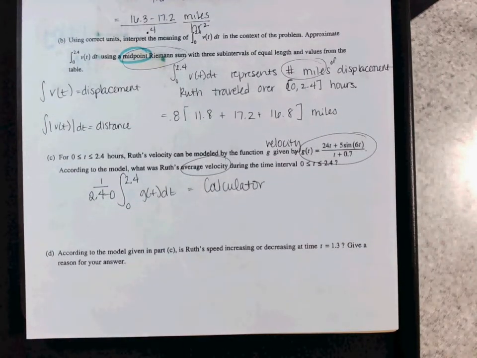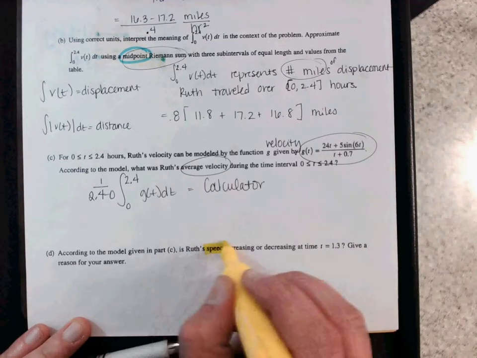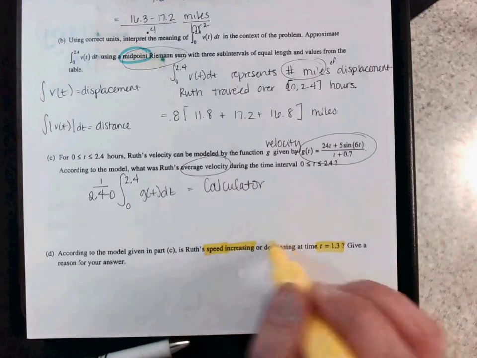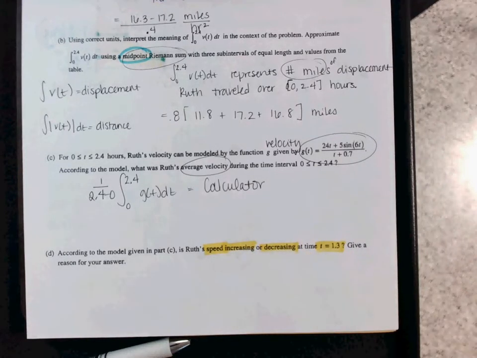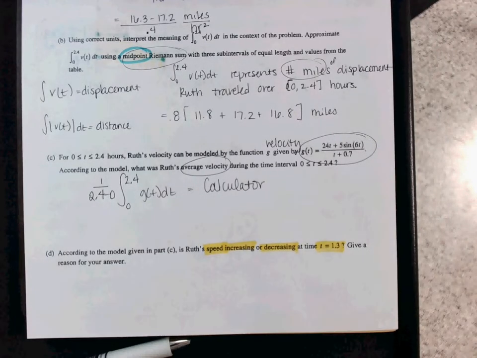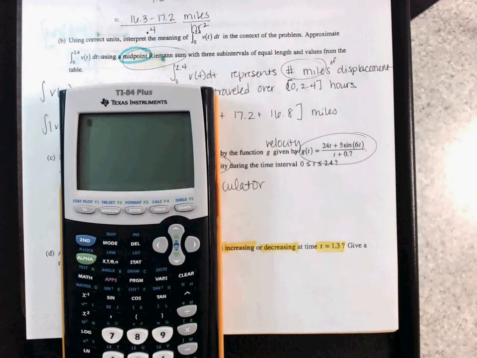Okay, part D. According to the model, is Ruth's speed increasing or decreasing at time 1.3? What would you need to plug into to know if her speed is increasing or decreasing? Good. So now keep in mind, I don't have acceleration.